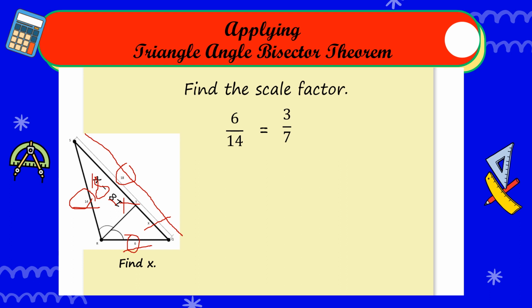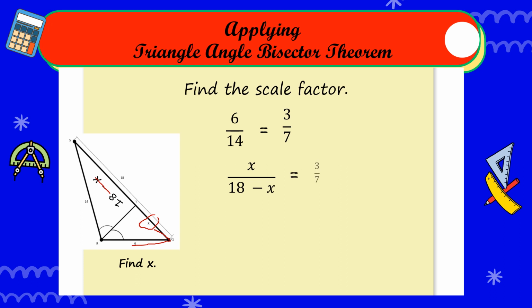Okay, so if we have made use of 6 over 14, then more or less we also need to make use of this as kani is adjacent to 6. This is the adjacent to 6. So x over this side and this side is 18 minus x.